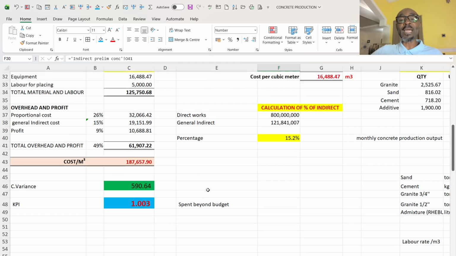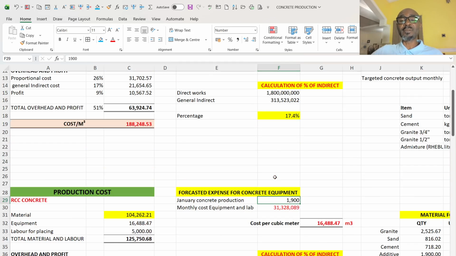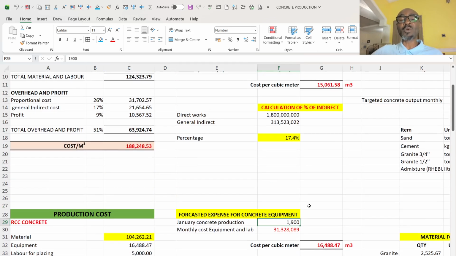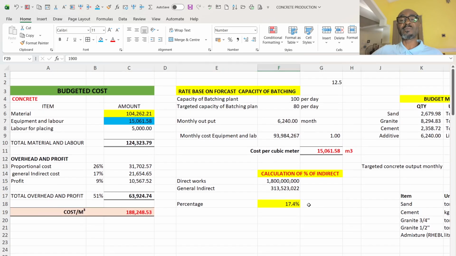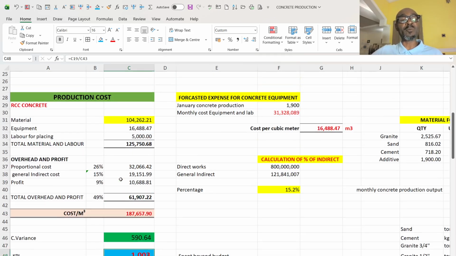If I had done 1,900 cubic meters of concrete, as against the 2,080, I would have been better. I would have made some savings of 509 naira, and the key performance index is good because it's slightly above 1.